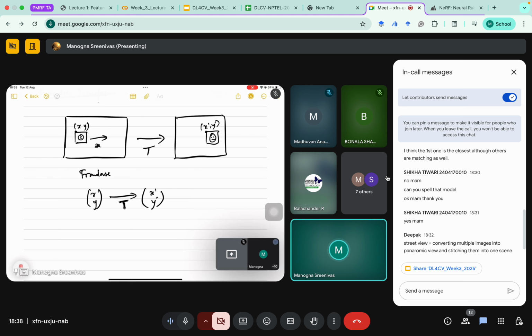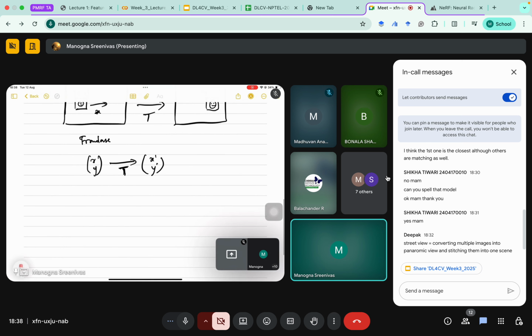Say I have moved horizontally, I shifted by Tx, and vertically I shifted by Ty.